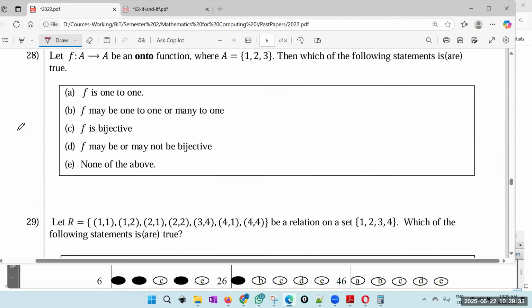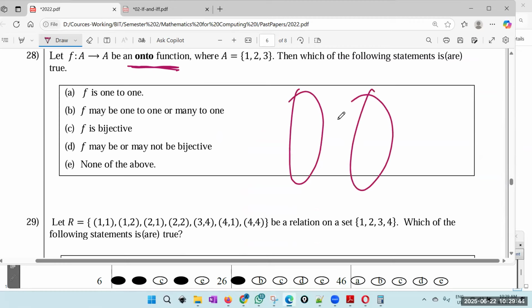28. Let f from A to A be an onto function, so there are no orphan values in the range. A is {1, 2, 3}, and it's a function also. Then which of the following statements are true? It's something like this. That is one possibility.